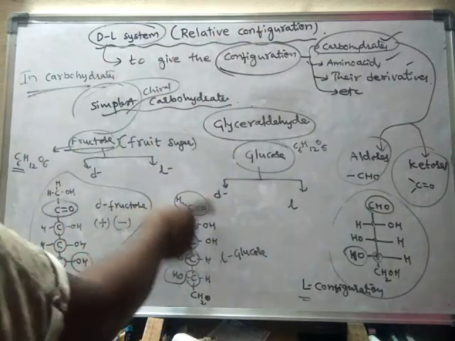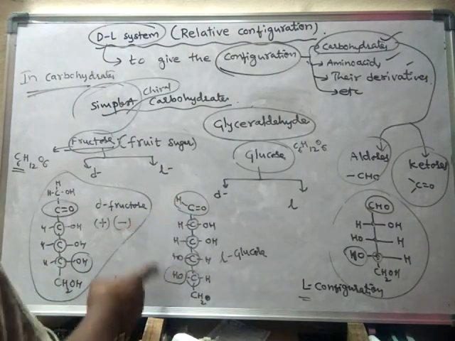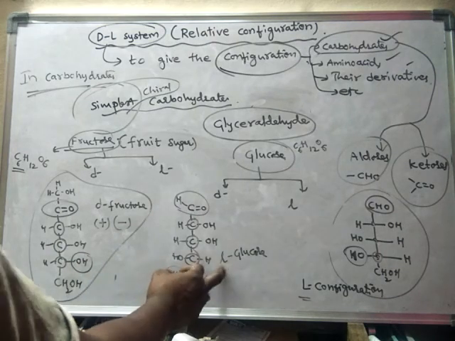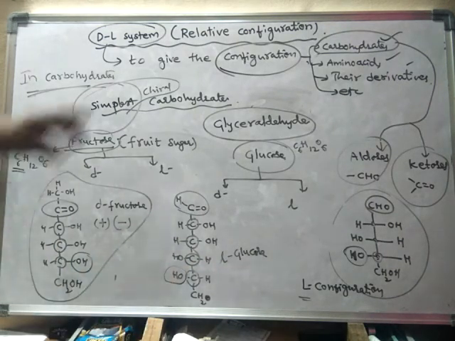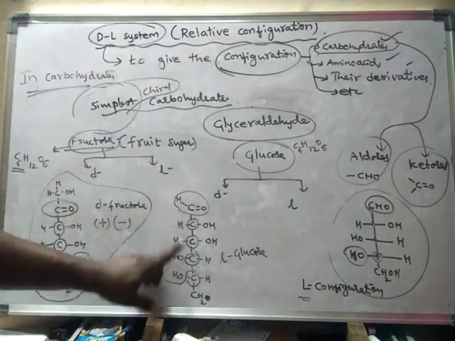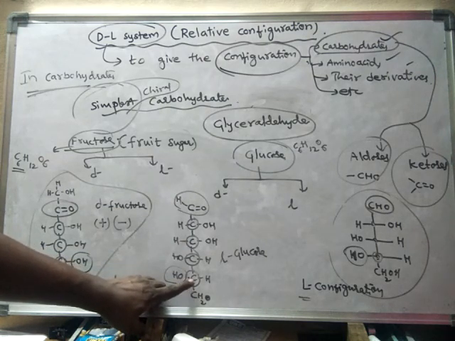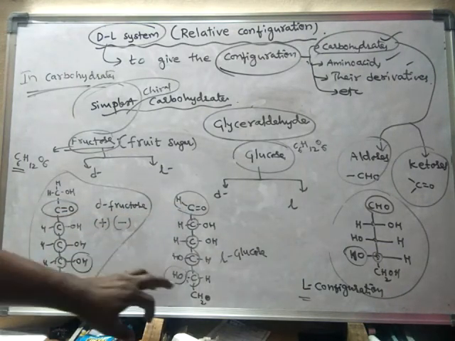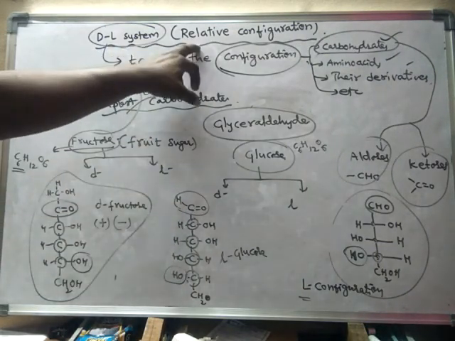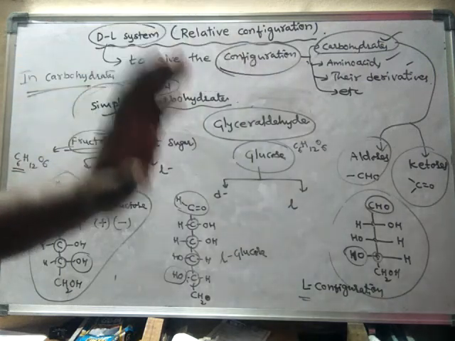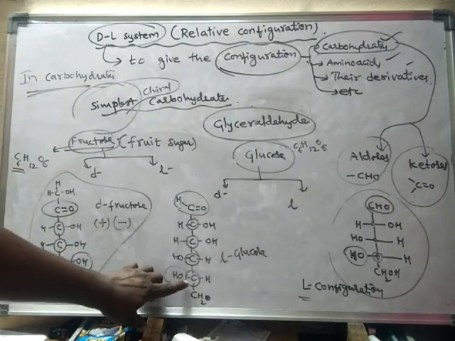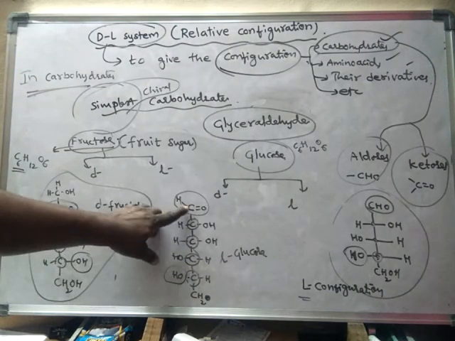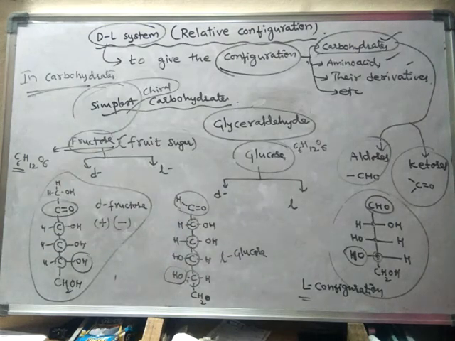The relative configuration of this one is L configuration. L means the relative configuration of this chiral center. Particularly, we are discussing the chiral center which is far away from the CHO group or the CO group. So the DL system, or relative configuration, is the configuration related to the chiral center far away from the CHO group or CO group.